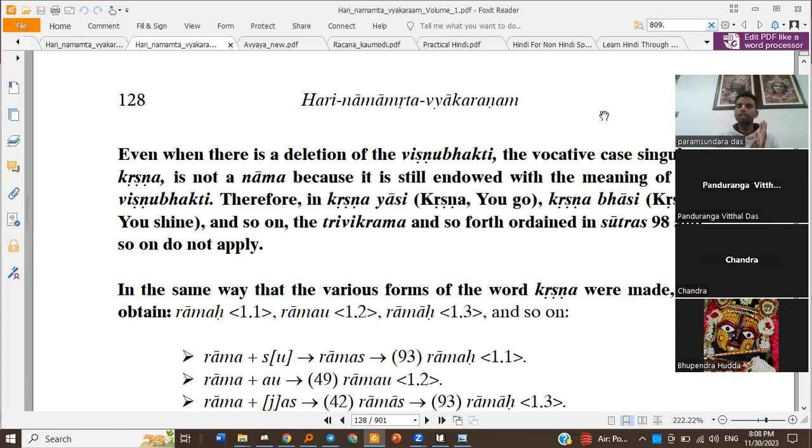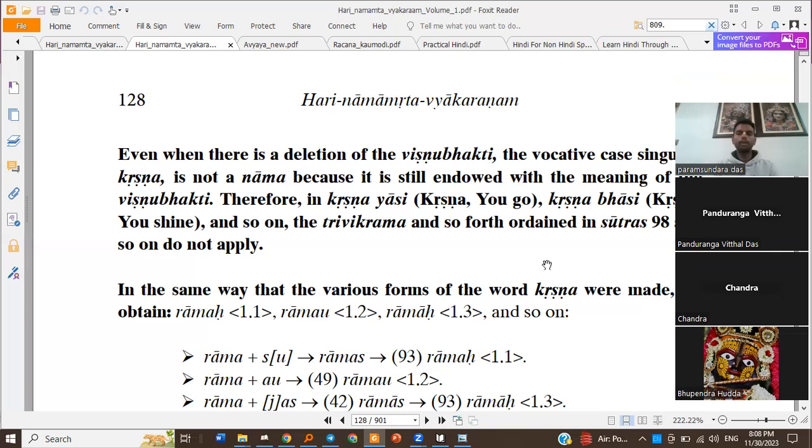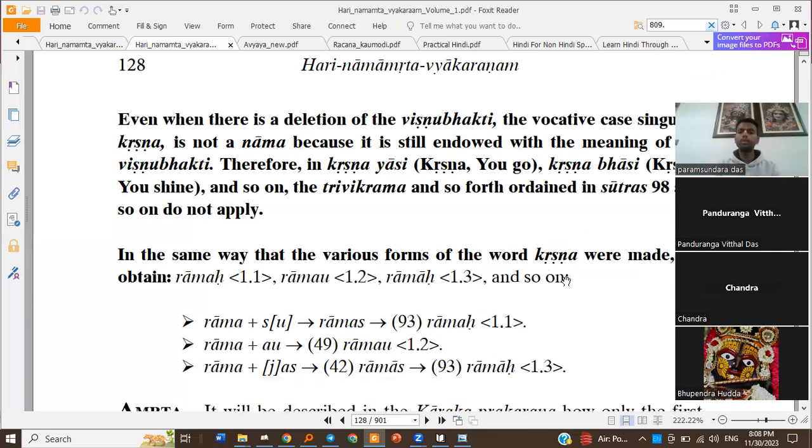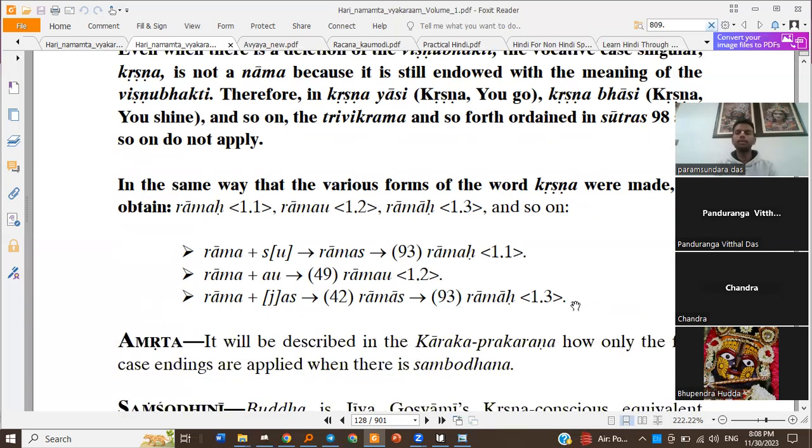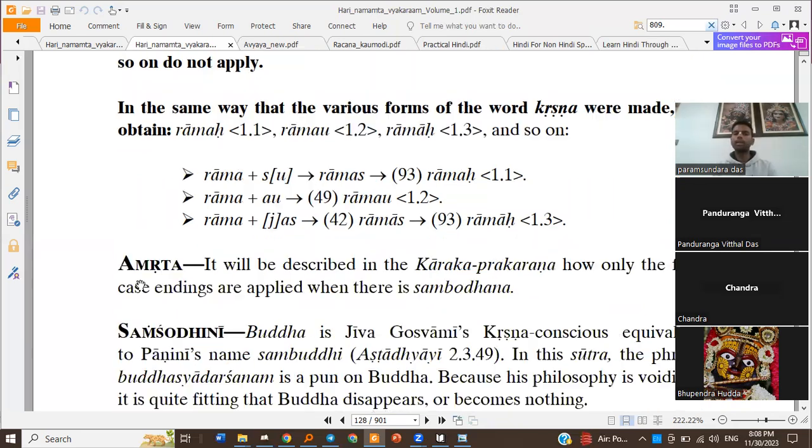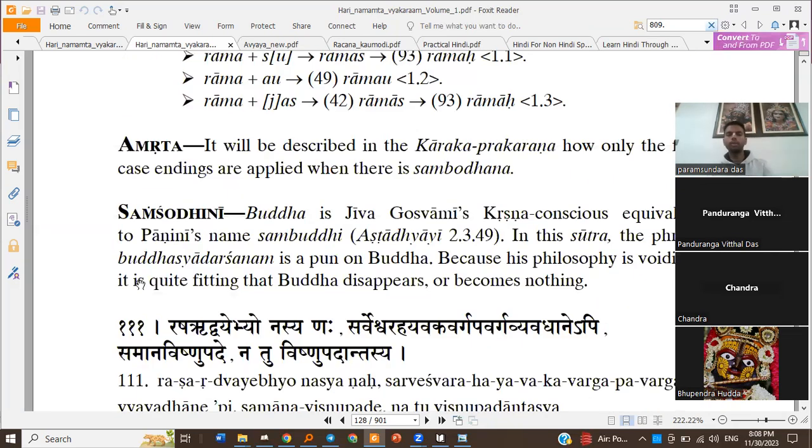So we did the Krishna Shabda, which is Aramanta Shabda, a word ending with Vamana A. So next, Jiva Goswami brings in the declension of one more Aramanta Shabda, that's the Rama Shabda. So it's same like Krishna, just one difference.